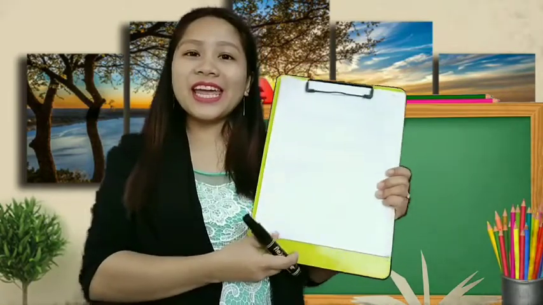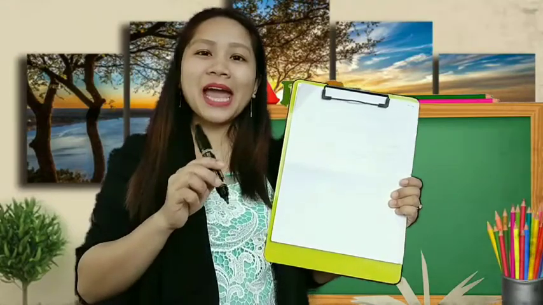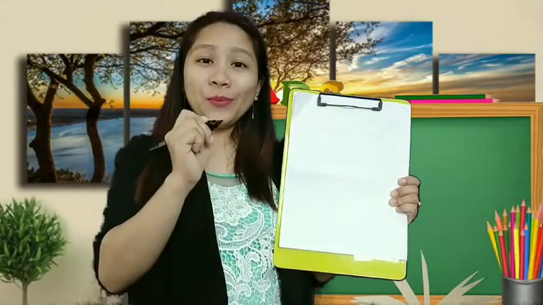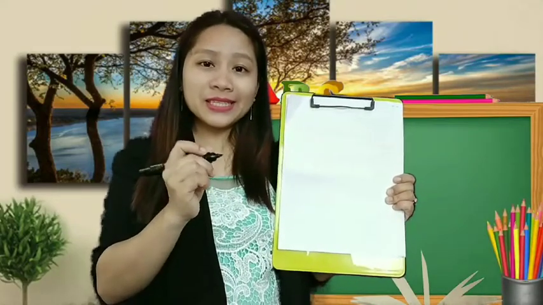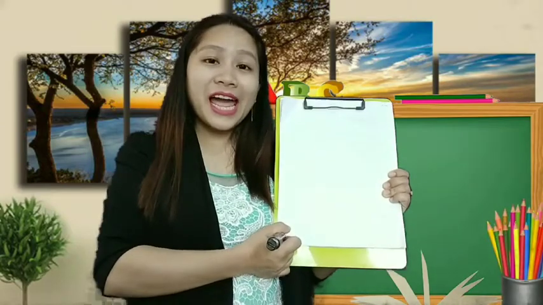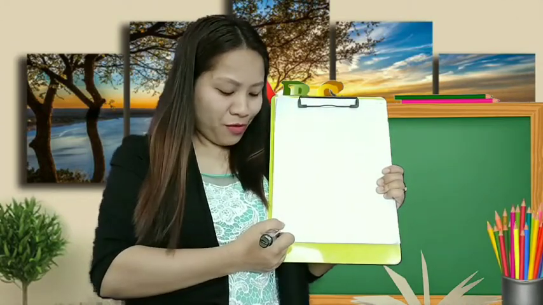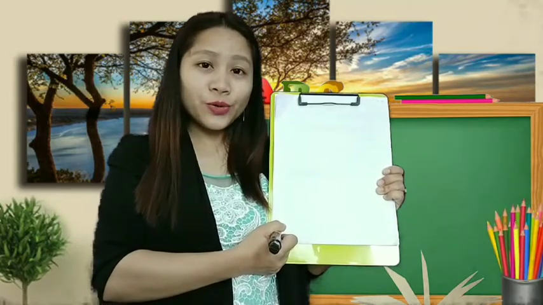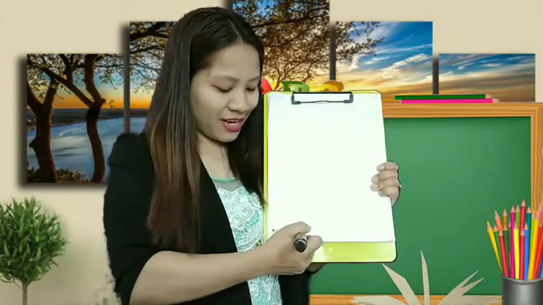Now I have here a clear paper and I am using a marker. Now point your pencil or pen on your paper and then move the point from here to another, like that.